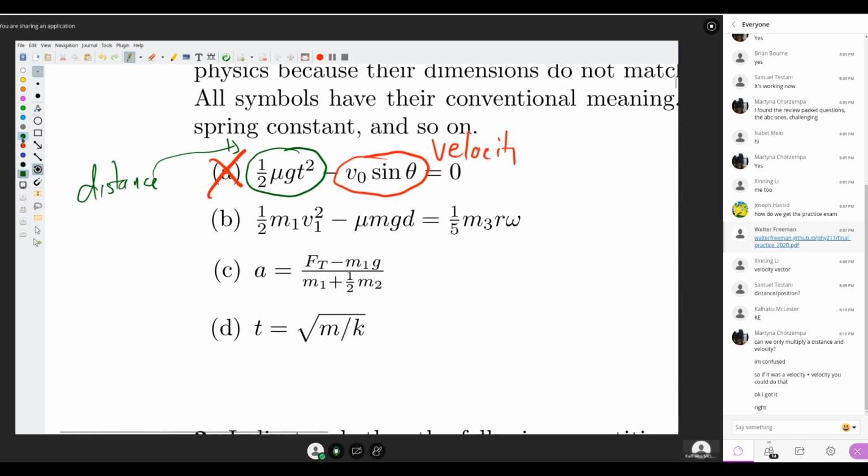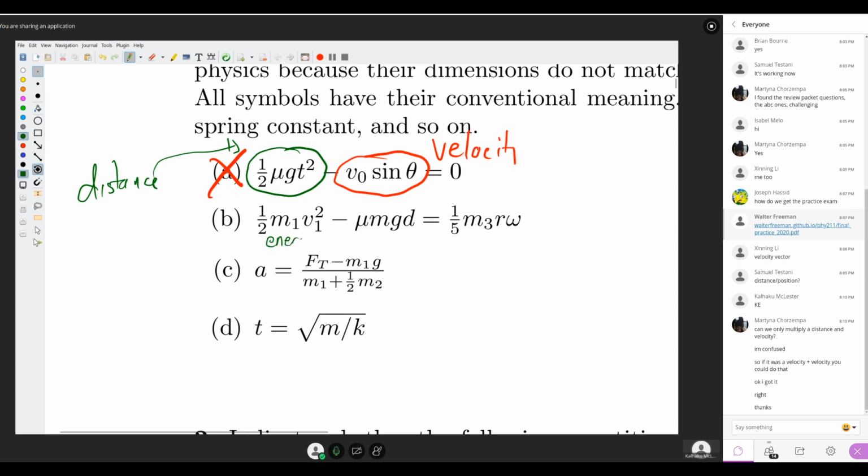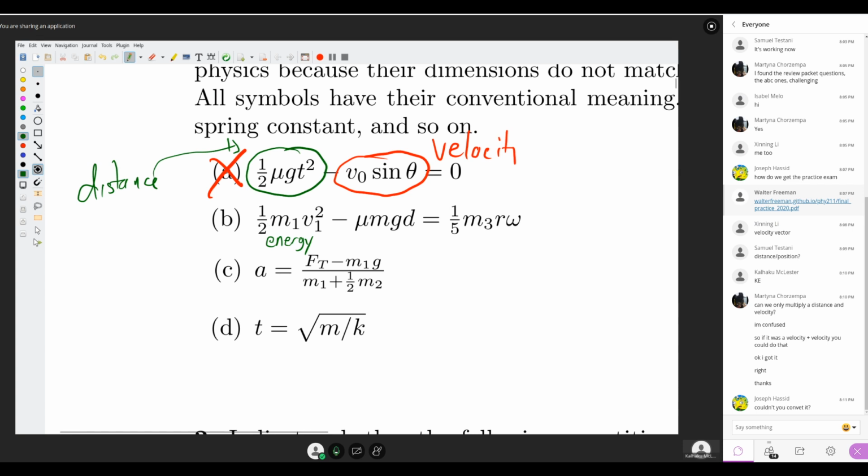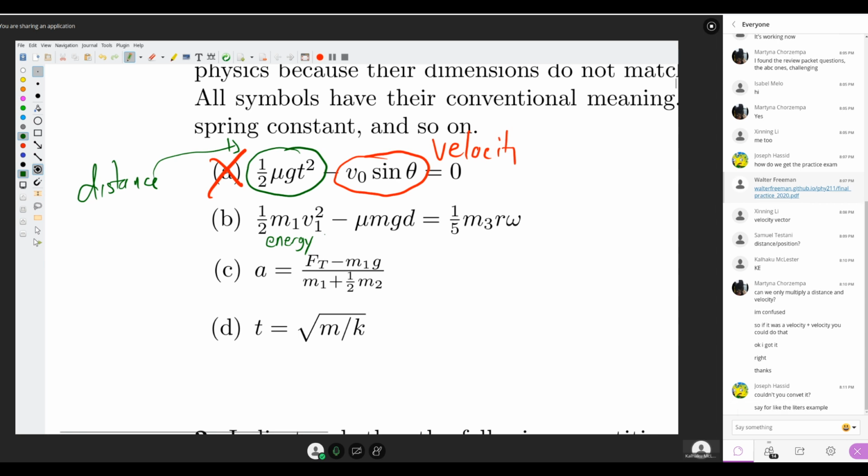So you all have told me that this term is an energy. Energy has units kilograms meters squared per second squared. So Joseph, you can convert things between different units that measure the same quantity. So you could convert, say, liters into gallons, into cubic inches, into, I don't know what else people measure volume in, fluid ounces, but you can't convert a number of gallons into a number of inches because they measure different kinds of things.